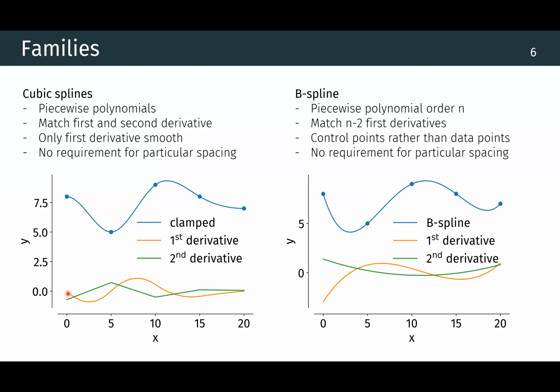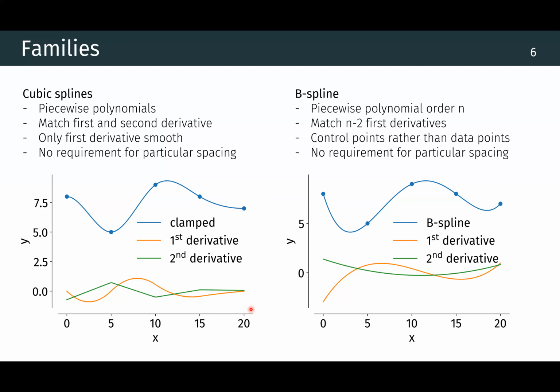So the orange line is the first derivative of this function. It crosses 0 at this minimum, and it crosses 0 again at that maximum. And you see it's perfectly smooth. There is no discontinuity, no jump.